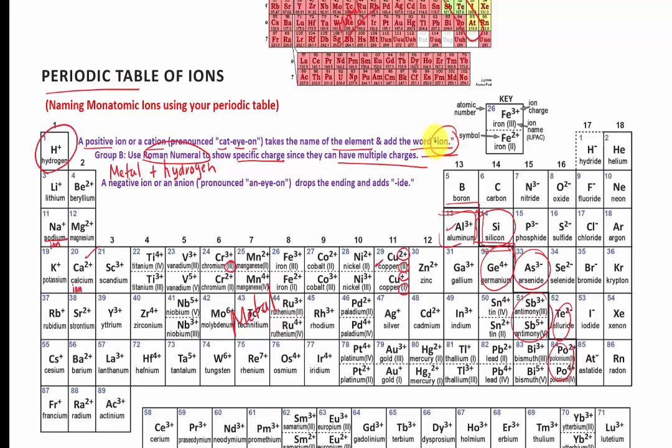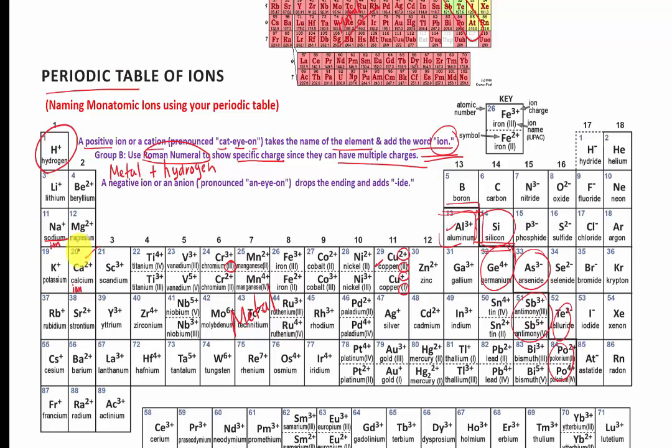In most cases, the word ion is often not written. But if we want to distinctively say, hey, this is a cation of this element, we just add the word ion. So the option of adding the word ion or not adding it is there.